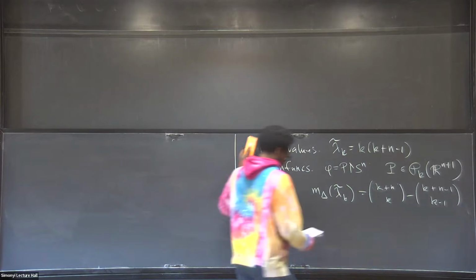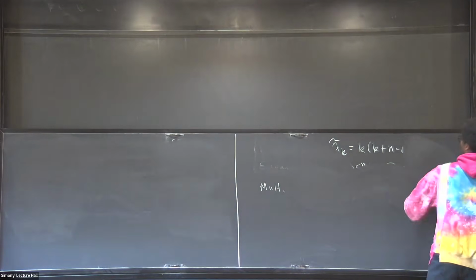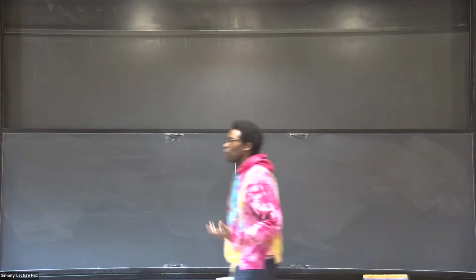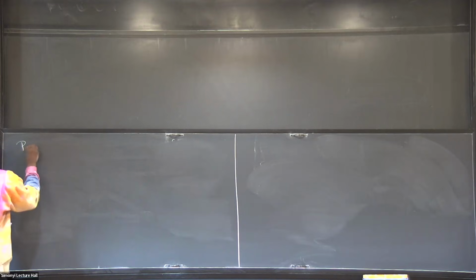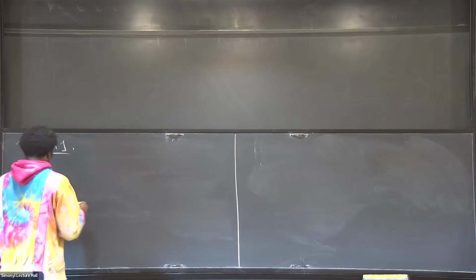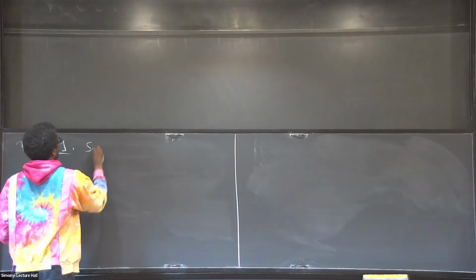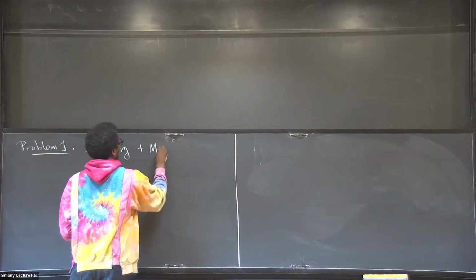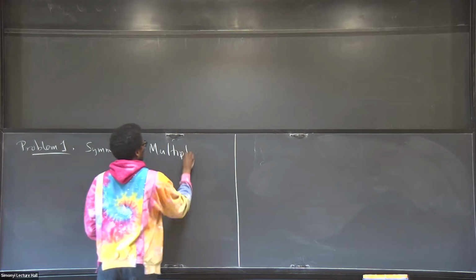They're exponentially close. So, as I said at the top, metrics with symmetry are far from being generic. We might want to ask to what degree, what's actually going on in the presence of symmetry. And so we probably have two problems. Problem one is the intersection of symmetry with multiplicity.